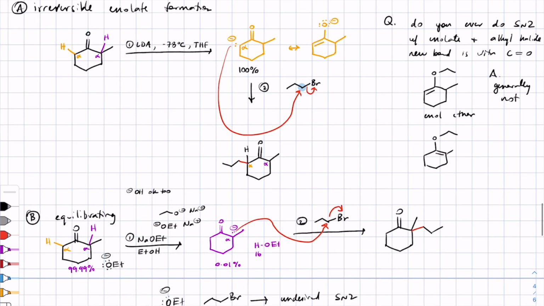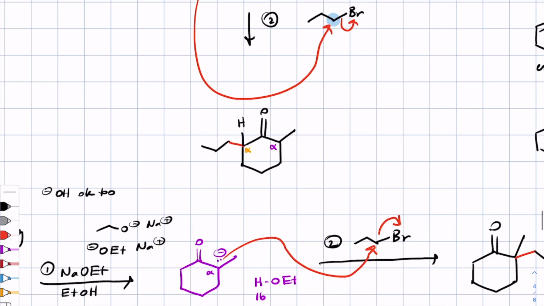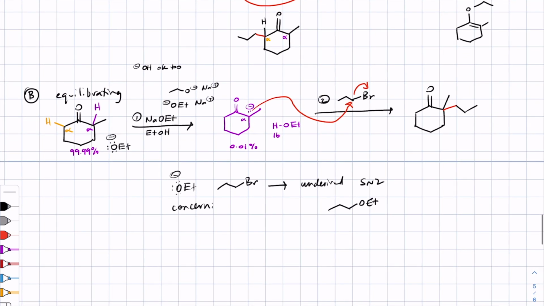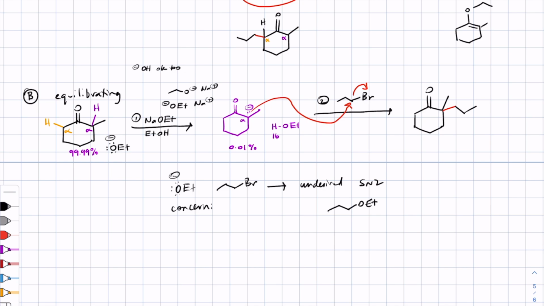So the irreversible enolate formation to get you the alkyl group on the less substituted carbon works pretty well. You can pretend and assume that the equilibrating enolate formation works okay to give you the alkyl group on the more substituted carbon.